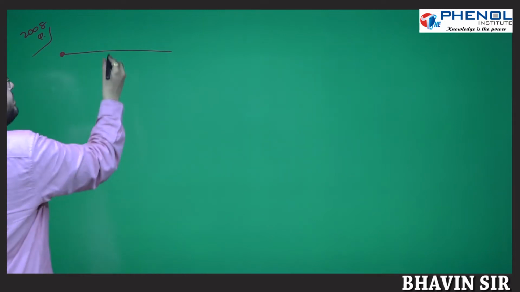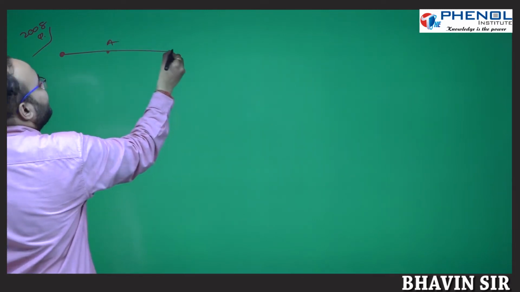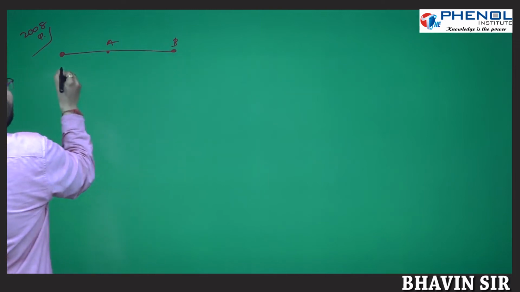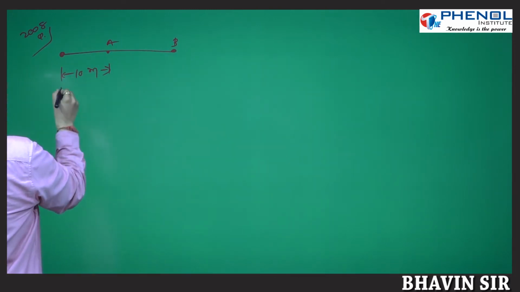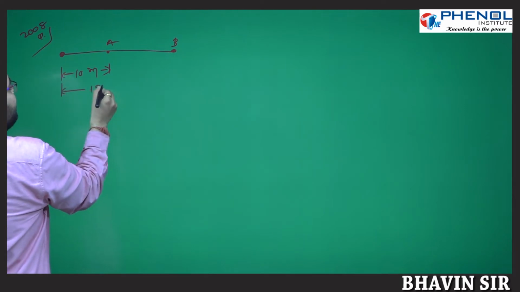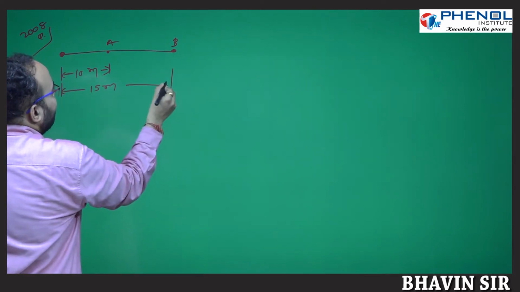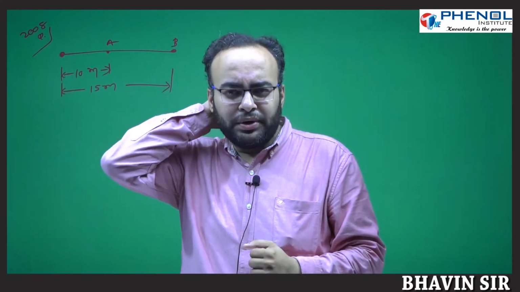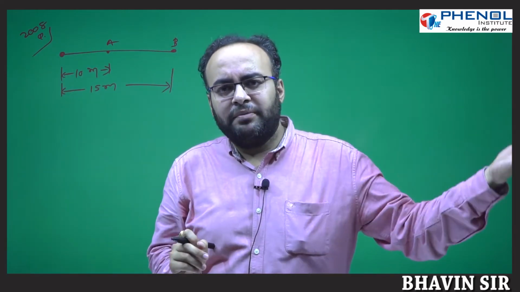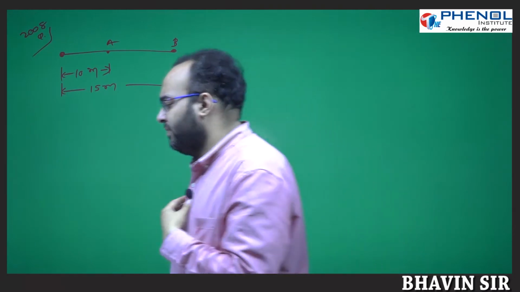Now there are two points A and B. What are the distances of the two points A and B? 10 meter and 15 meter from the point of oscillation.